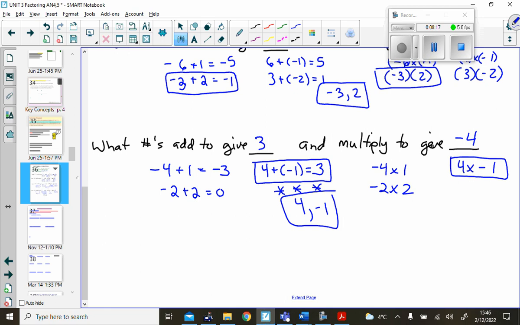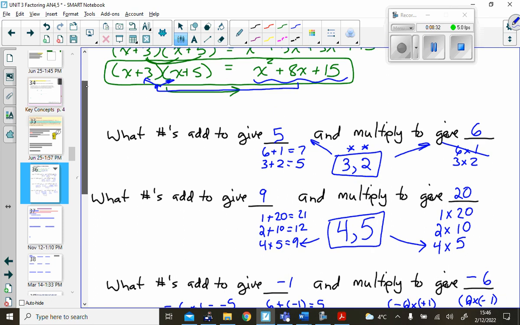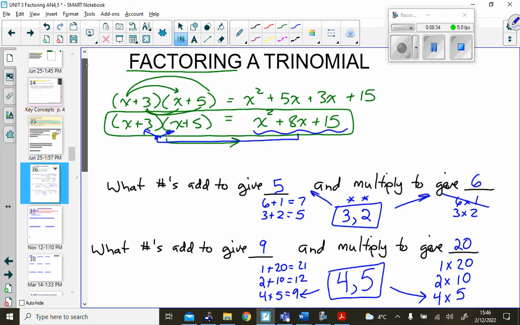Okay, so this whole skill has been to just try and determine 2 sets of magical numbers. So let's go back up to the first question at the top of this page, the one that we foiled. If we look, you've got x squared plus 8x plus 15.